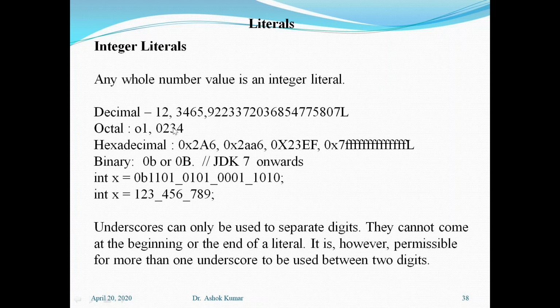And if you want to represent a number in hexadecimal, then you put 0x before the number. So this 0x2a6 is basically a hexadecimal number.